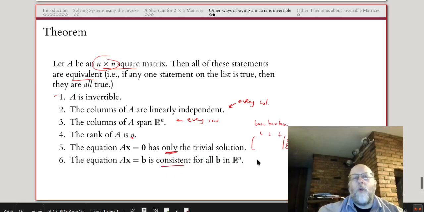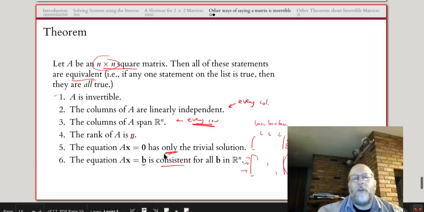Also, every equation is consistent, even if the right side is not 0. And that's because we have a leading entry in every row on the coefficient side. Again, leading entry in every row. That means there's no row where the leading entry can be over on the augmented side.